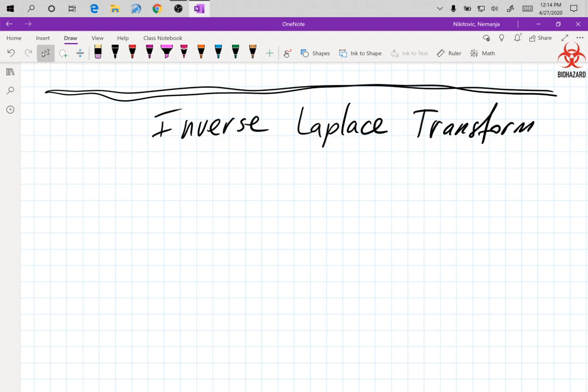So we are looking for the definition that says that f of t is equal to inverse Laplace of f of s. And again, you are using the chart and all of those things to come up with the transform.